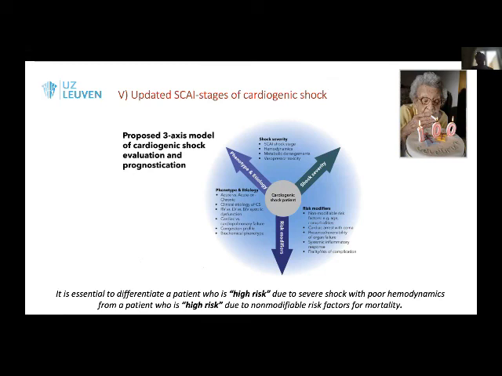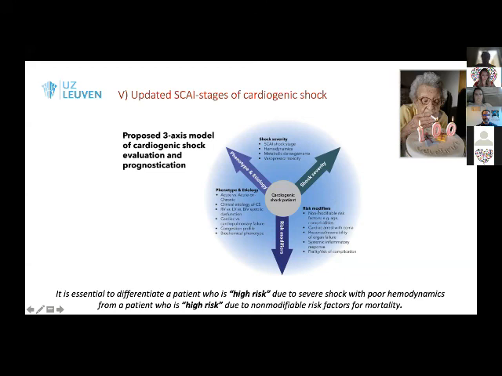And so far, the SKY criteria called every patient that came in a cardiogenic shock patient. So I think it is essential to differentiate the patient who is high risk due to severe shock with poor hemodynamics from a patient who is high risk due to non-modifiable risk factors for mortality. And this is what this figure shows.